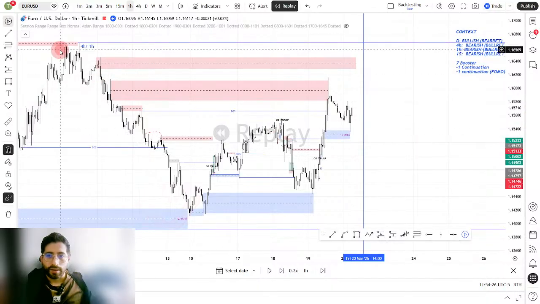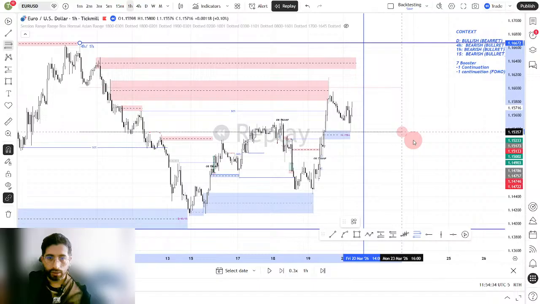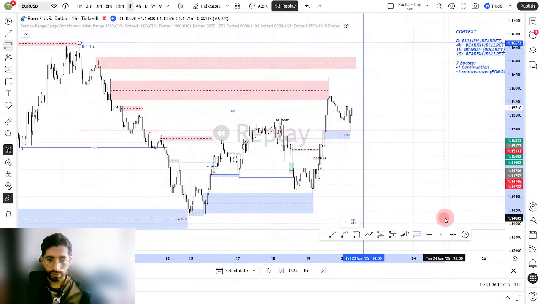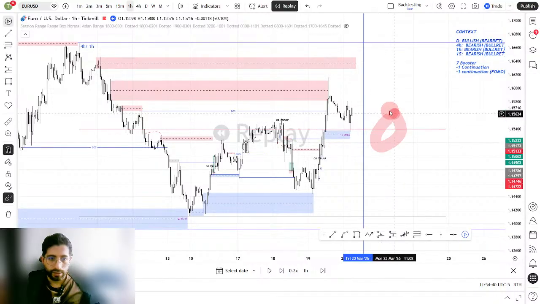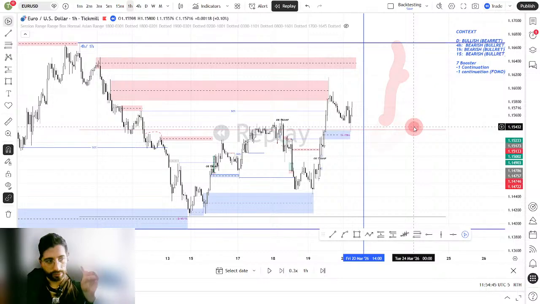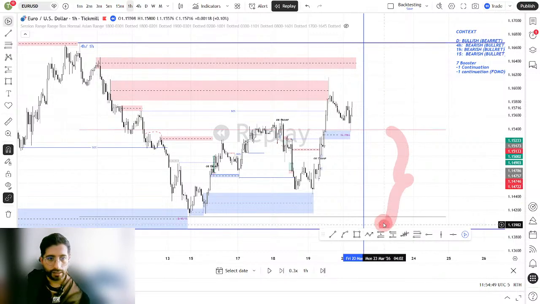Now, according to the premium and discount zones, I'm gonna use this Fibonacci tool to mark it. So all that is above the 50%, so this point, all of this, it's supposed that we have to sell, right? And under this, we need to buy.